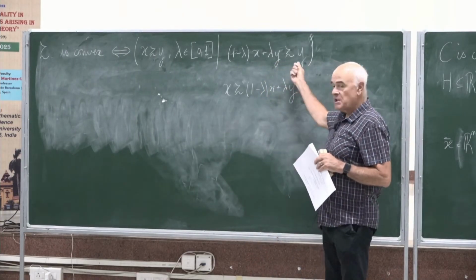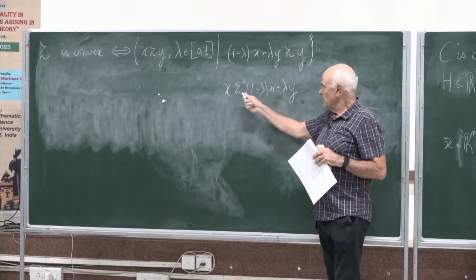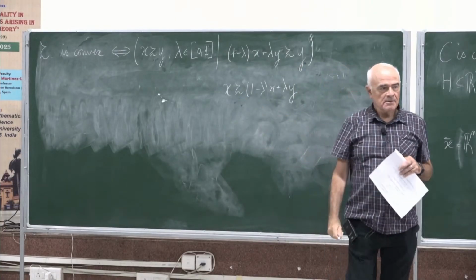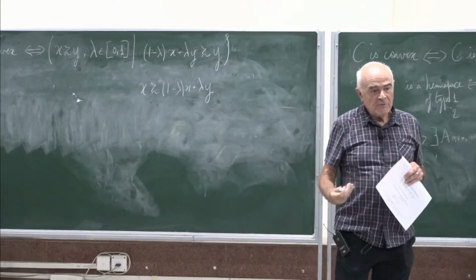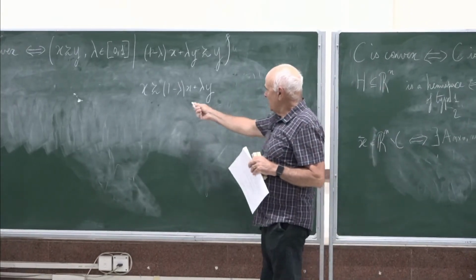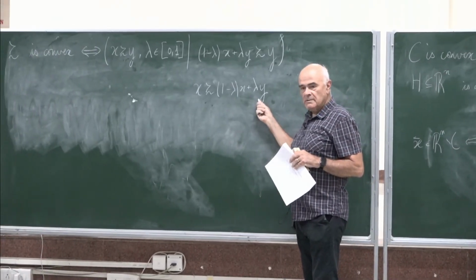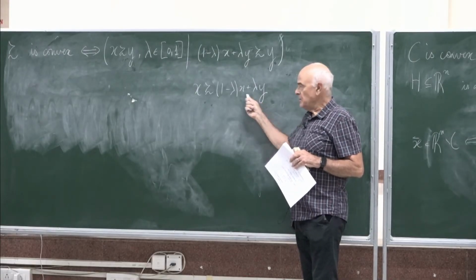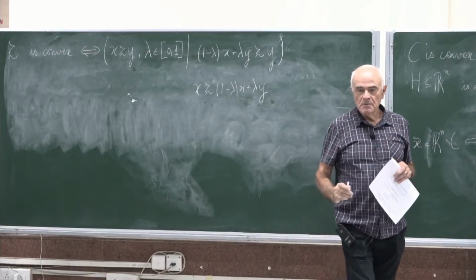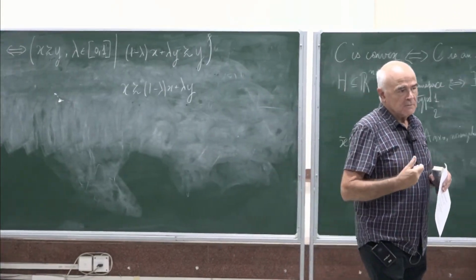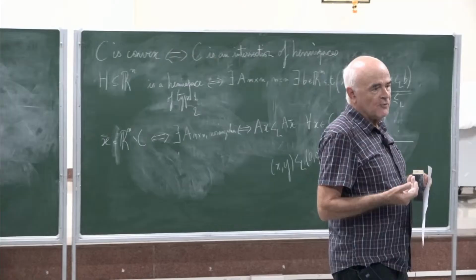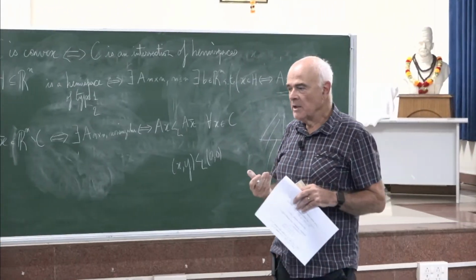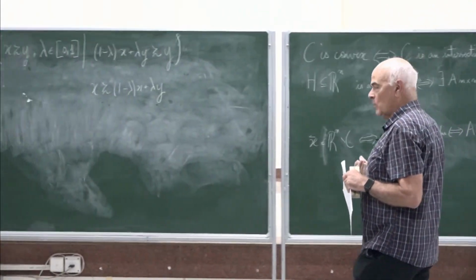I mean, using the same argument I used here, if x is better than y for me, and if I move towards y, I am worsening, then I should prefer x. This is not true for most reasonable preferences. I will give you one example.